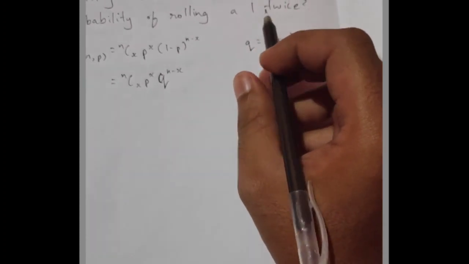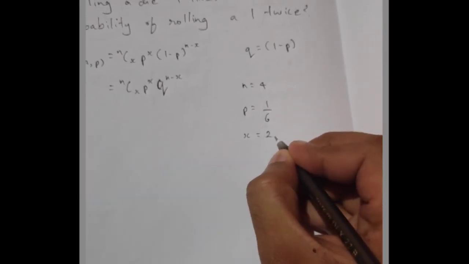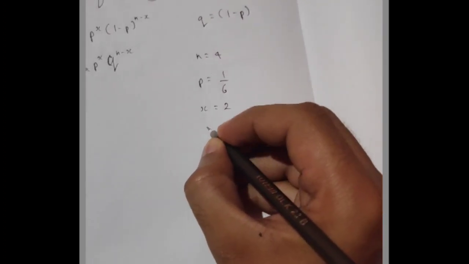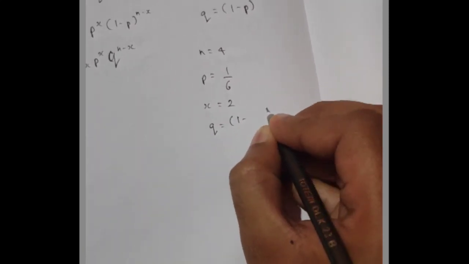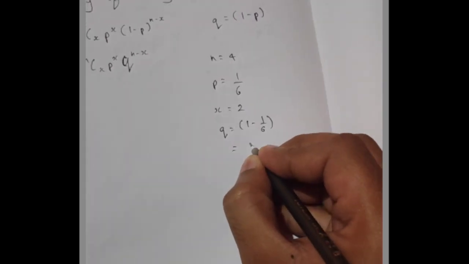So here we need a 1 twice, so x is 2, and q is the failure, so q is 1 minus 1 by 6, which gives us 5 by 6.